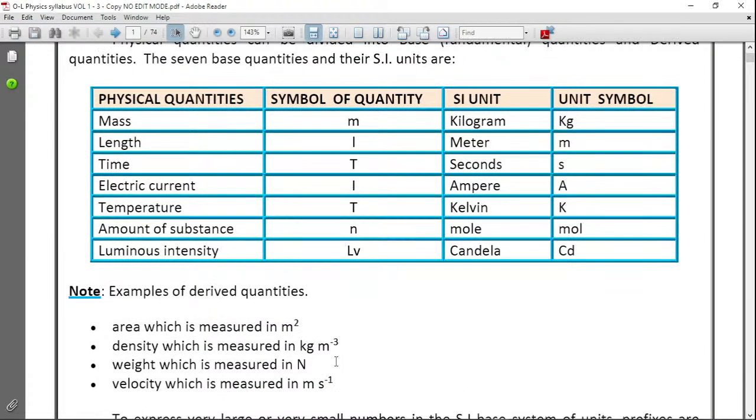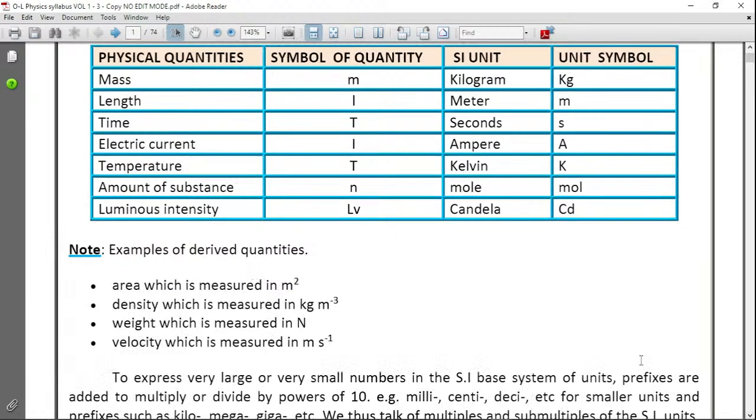Examples of derived quantities are area, which is measured in square meters, that is meter times meter. We equally have density, weight, velocity, pressure, volume, and a lot more. All those are derived physical quantities.